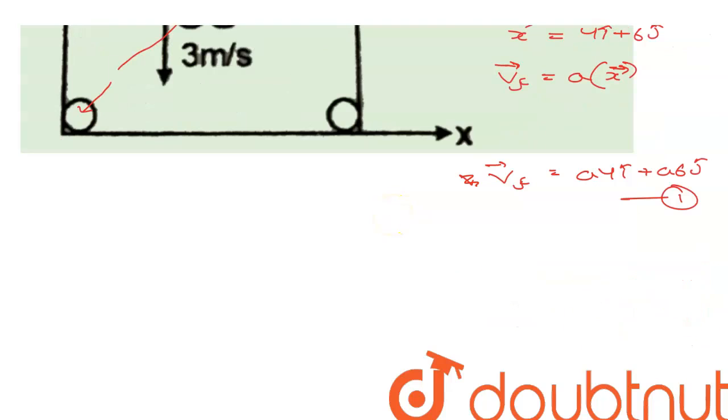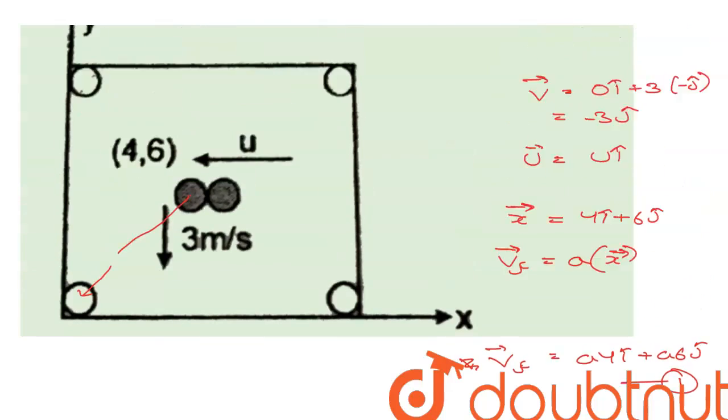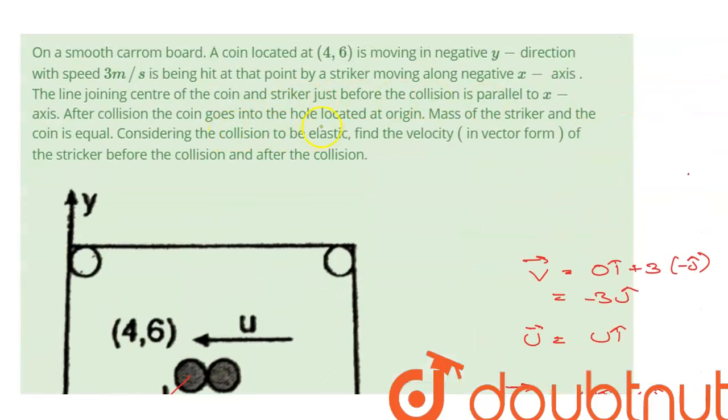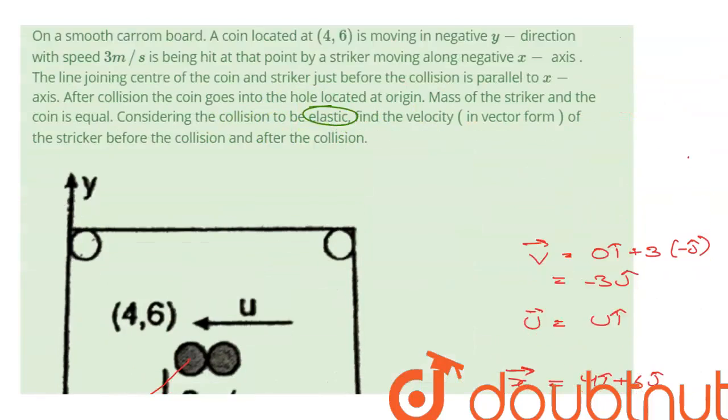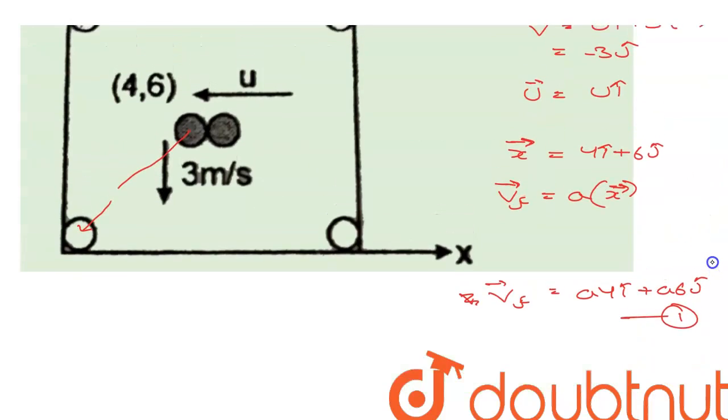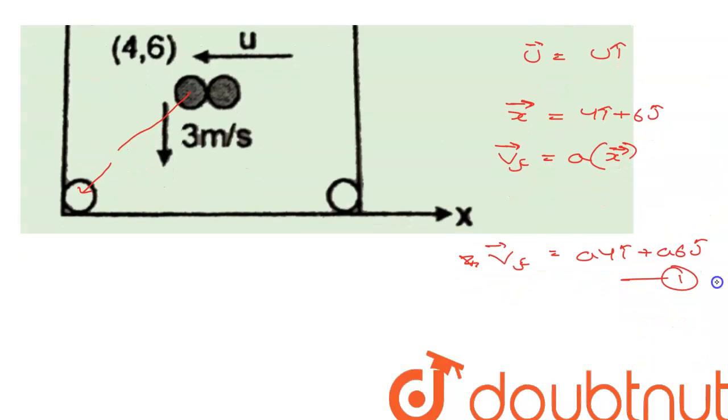Now since both the coin and the striker had the same mass and the collision was elastic, whatever the velocity along the x direction that the striker had will be transferred to the coin. And since there was no vertical component to the velocity of the striker, the vertical velocity will remain the same for the coin.